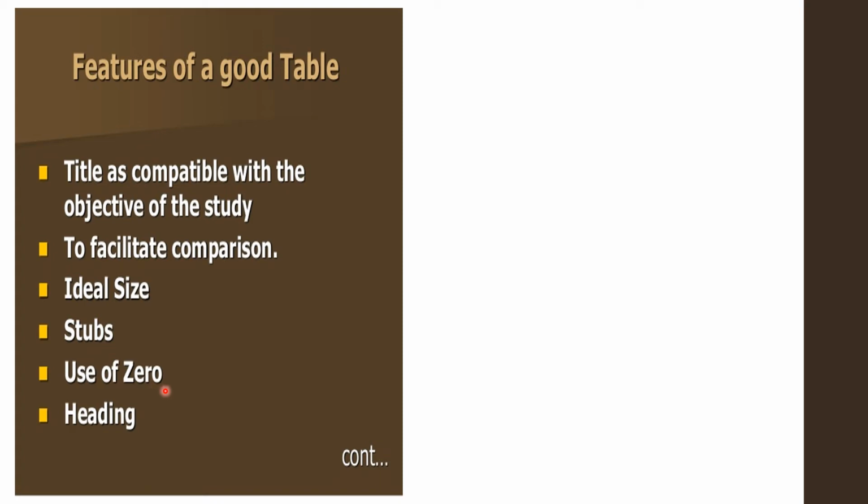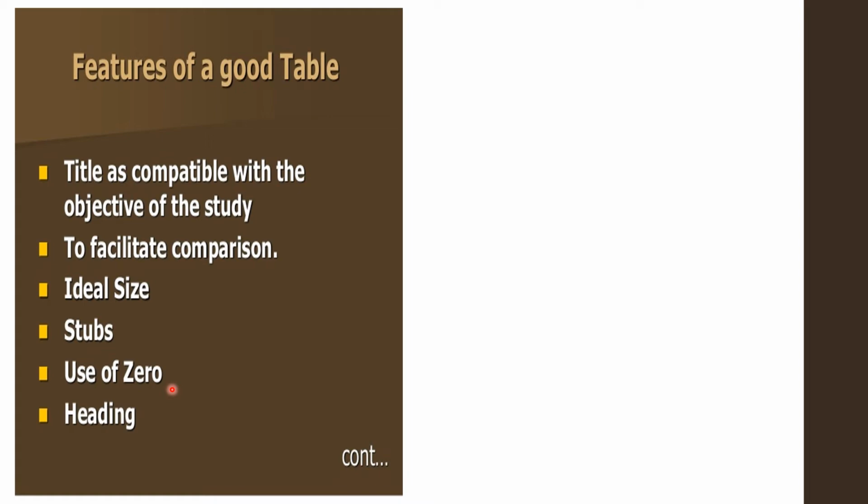Coming to the next one, that is use of zero. Please remember that zero should be used only to indicate the quantity of a variable. If any item is missing or data is not available, then in that empty space we are not going to write zero. It should be indicated by NA, that is not applicable, or a hyphen sign.